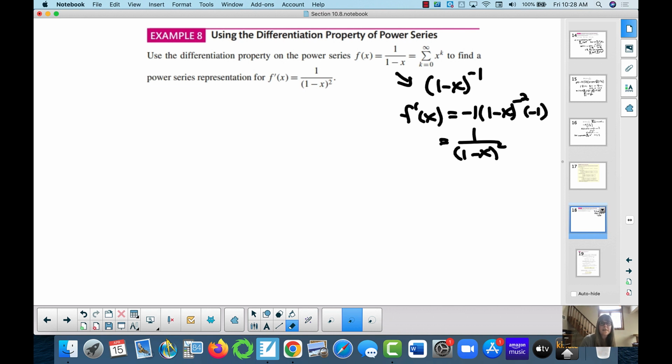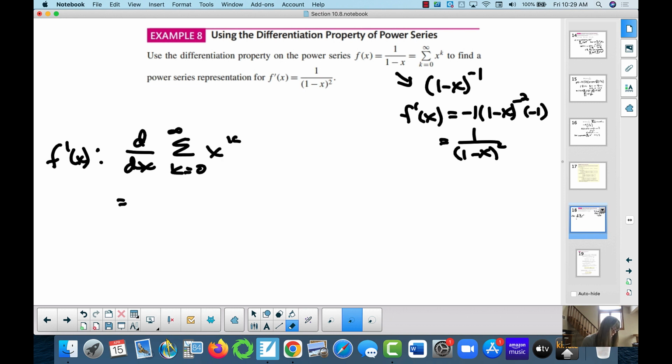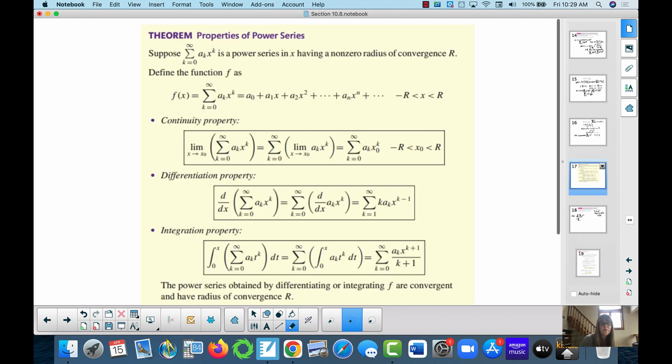So if this f of x is represented by this series, then I can take the derivative of that series. So f prime of x is going to be represented by the derivative of this series, which is, now we have to put a 1 in here, because you'll notice back here that's going to be k equals 1 for the derivative.